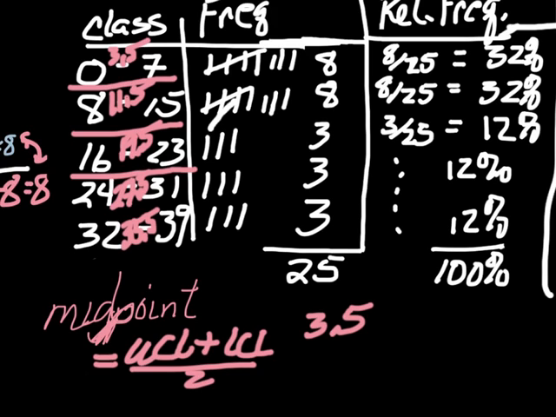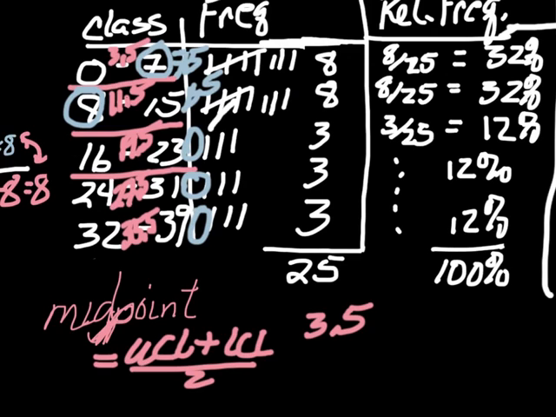One other vocab term is called the boundaries. If you notice, right here we have a 7 and an 8. So what's the boundary between those? Well, it's halfway between. So the upper class boundary for this is 7.5, and the boundary on this is 15.5, the boundary here 23.5, here 31.5, here 39.5.